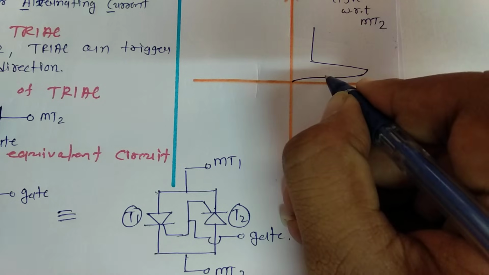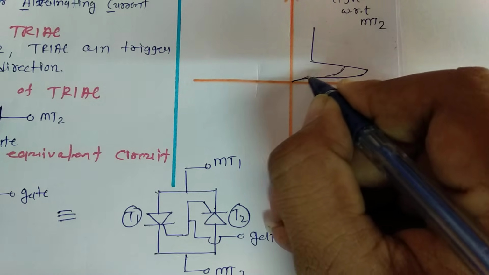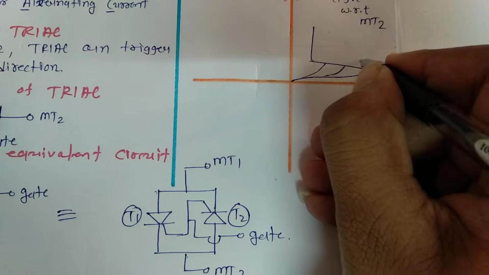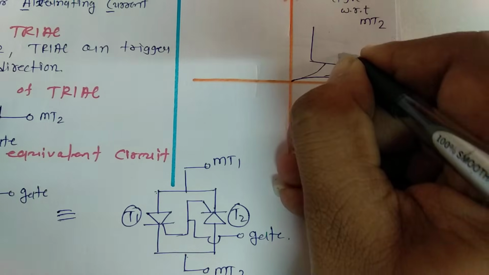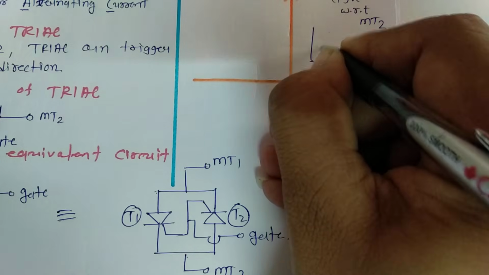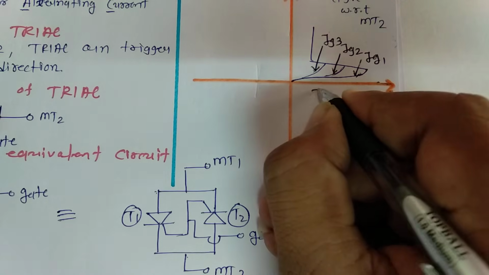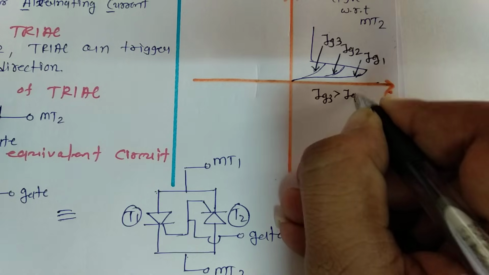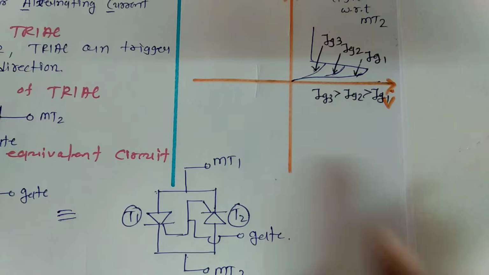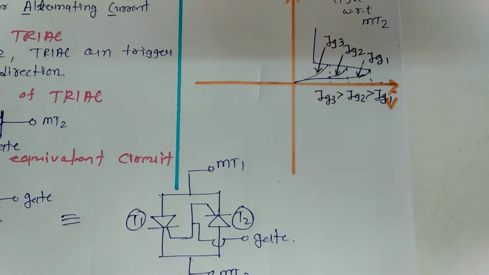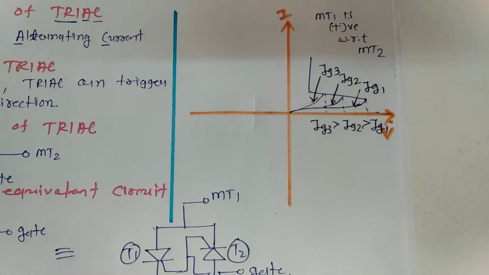As we increase gate current, triggering will happen earlier. If this is for IG1, this is for IG2, and this is for IG3, then IG3 is greater than IG2, which is greater than IG1. It means as gate current increases, forward breakover voltage decreases. So this is how the characteristic is when MT1 is positive with respect to MT2.